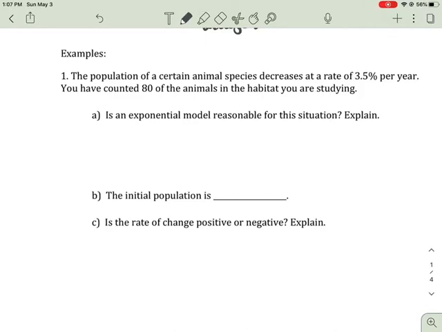We have a population of a certain animal species that decreases at a rate of 3.5% per year. You've counted 80 animals in the habitat you are studying. Does an exponential model seem reasonable for this? Yes, because it's decreasing at a percentage.